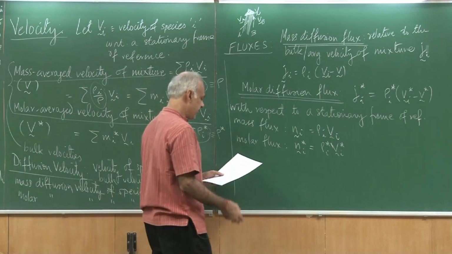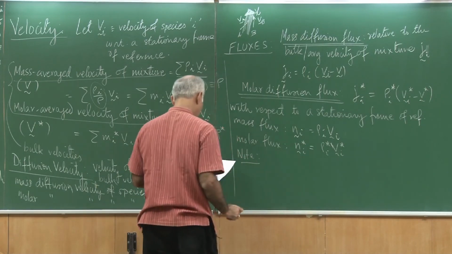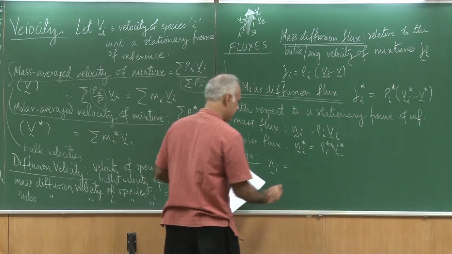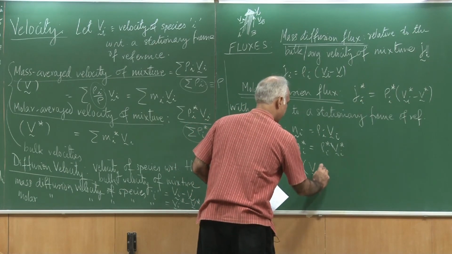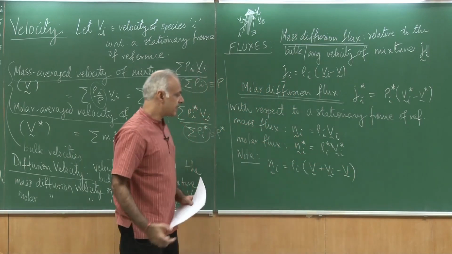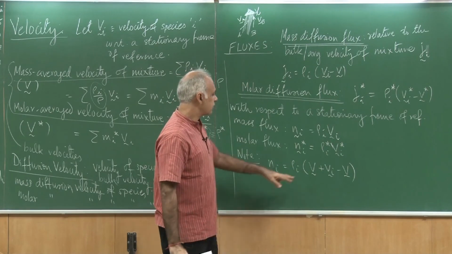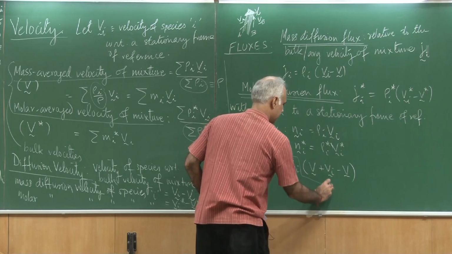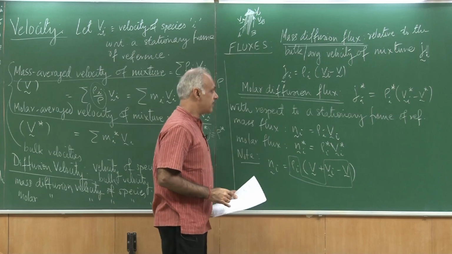Now we can notice that Ni is actually rho I times V plus Vi minus V. So I have added and subtracted a V from this definition, and this quantity over here, Vi minus V times rho I, this as you would recall is simply Ji.